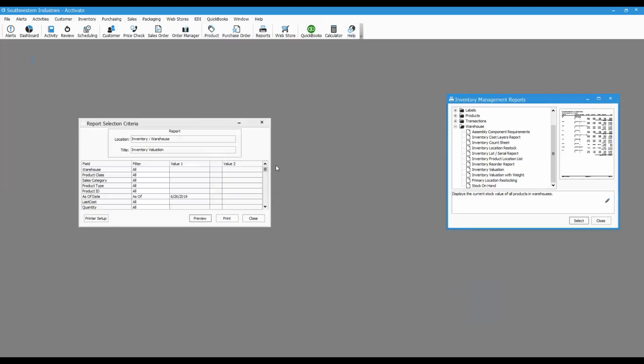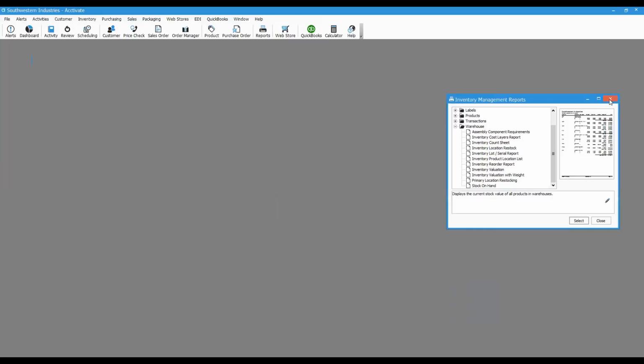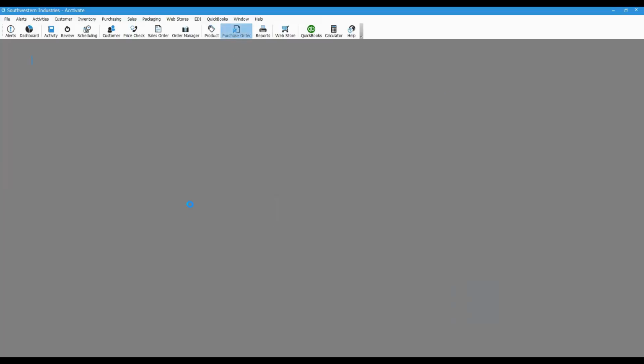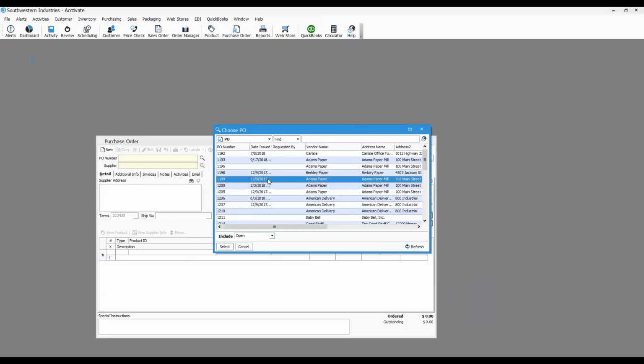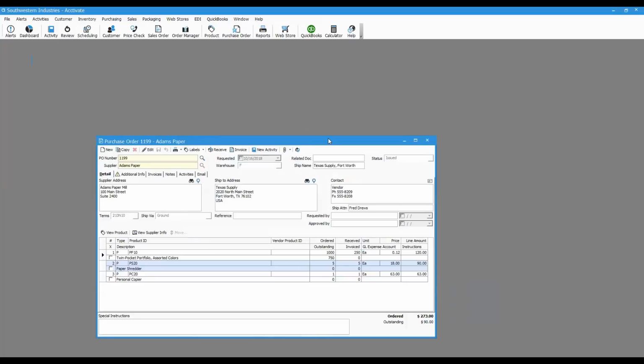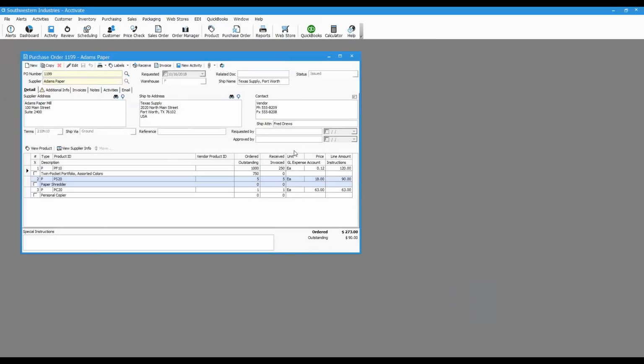So there are two things that happen, and this is more in Acctivate than anything else. But I see this with industries where you don't back order. So on this particular PO, I've received 250, 750 are outstanding.